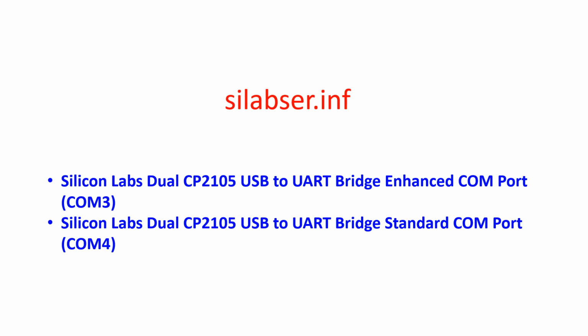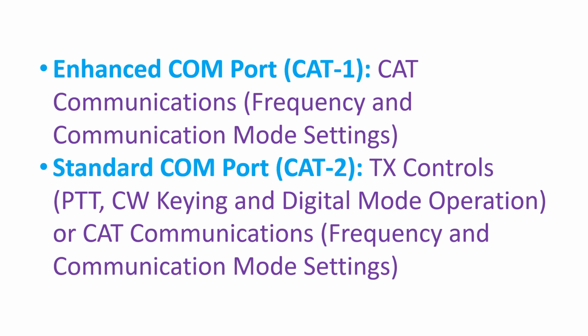FT710 manual says that it has a built-in USB to dual UART bridge which allows direct connection from radio to computer without the need for an interface. The manual also mentions that the number in the COM portion may vary from computer to computer.